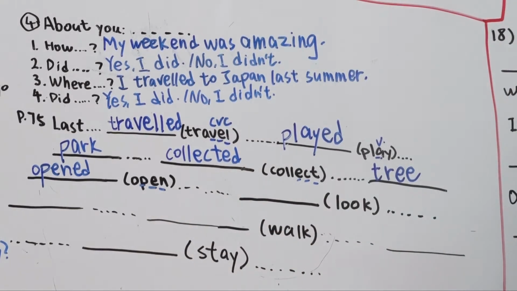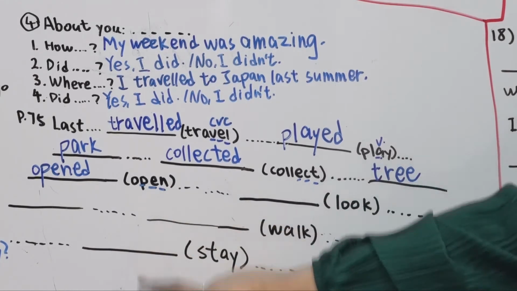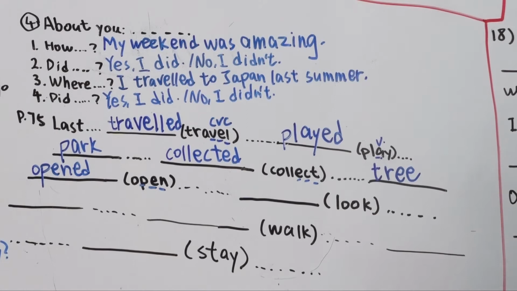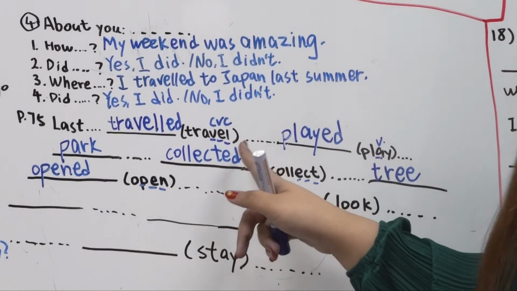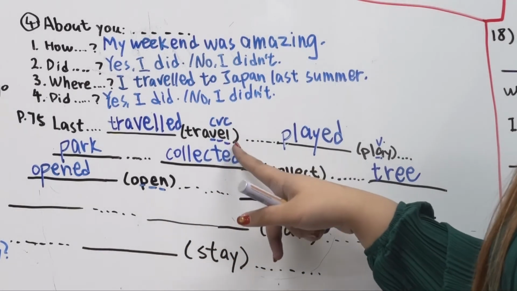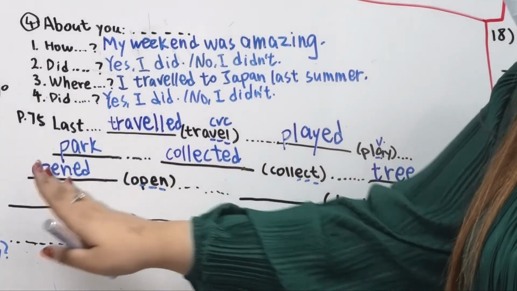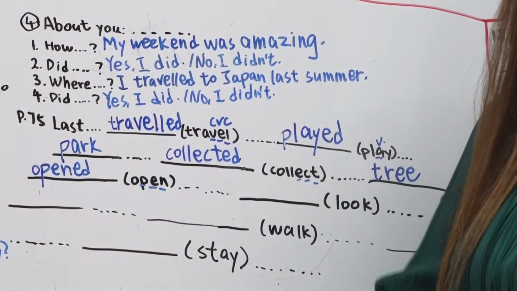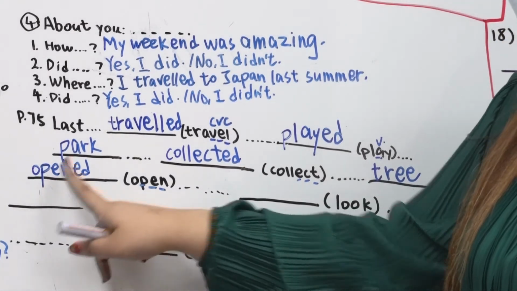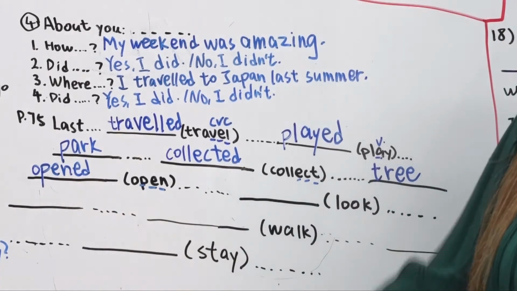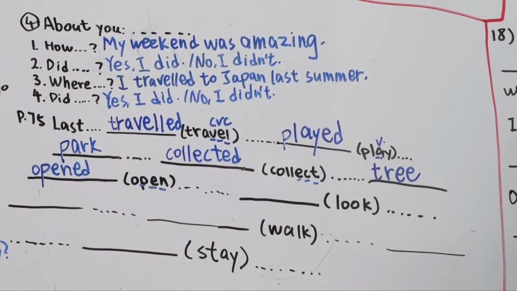It's pronounced as open, not open, right? Here in travel there is a stress, that's why we double the L. Alright, but here there is no stress. Open, just open. It jumps the sound, no stress. So that's why we just add ed. Alright.